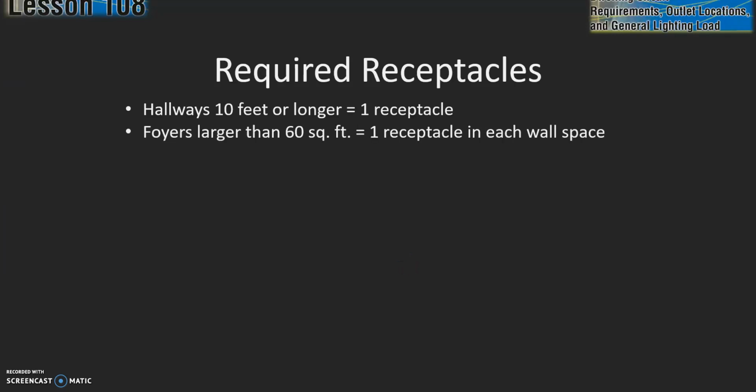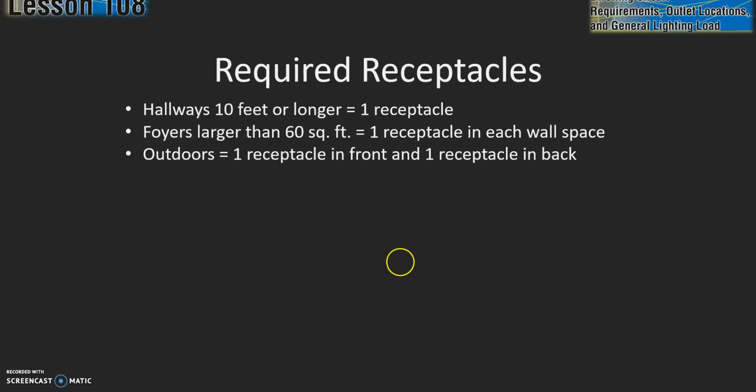Foyers larger than 60 square feet need one receptacle in each wall space. I don't think that comes up a lot. It gets a little tricky when you try to figure all that out, but essentially foyers, if they're a normal size, we don't need them. When they get larger, then we need one receptacle in each wall space. Outdoors, I'm going to need, at a minimum, one receptacle in the front, one receptacle in the back. With patios, decks, things like that, it can tend to go up.